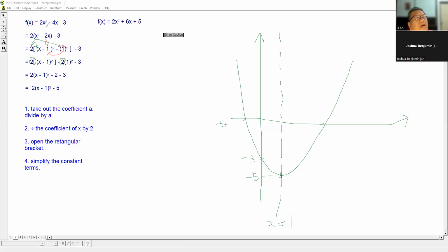Negative 3. This one, negative 1, negative 2 squared. It's not.